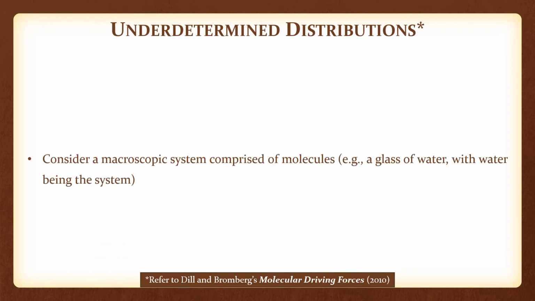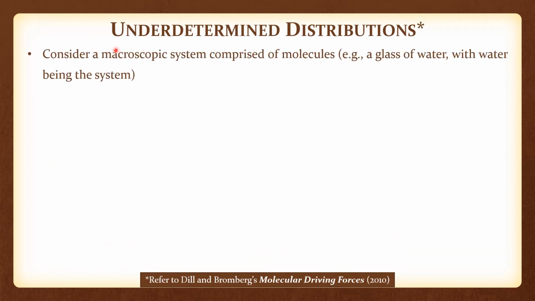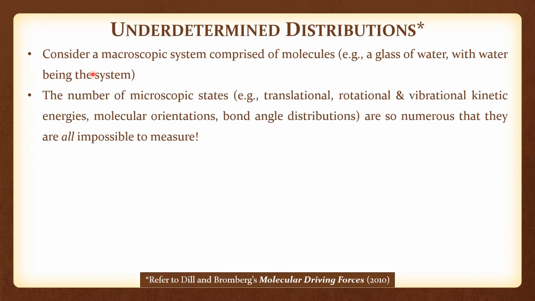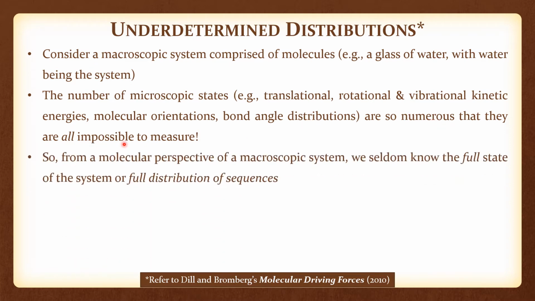So, what are underdetermined distributions? Consider a macroscopic system comprised of molecules, a glass of water, a classic underdetermined distribution. The number of microscopic states is so numerous that they are impossible to measure. So, from a molecular perspective, we seldom know the full state of the system or the full distribution of the energies. What are these?